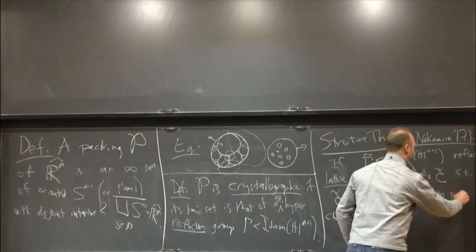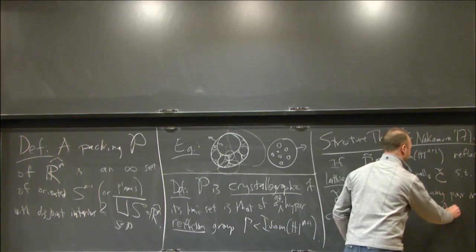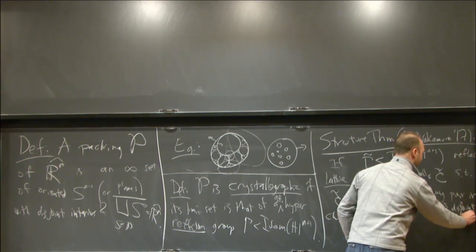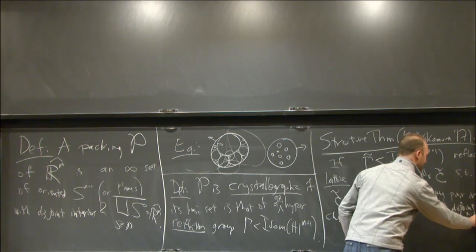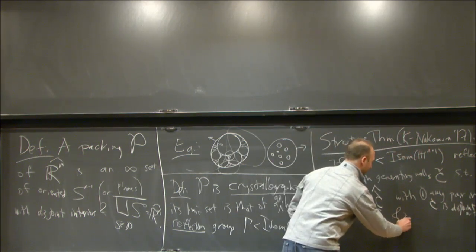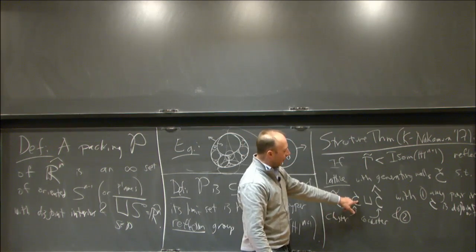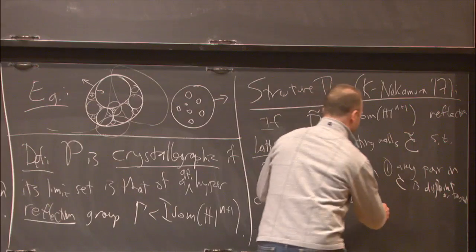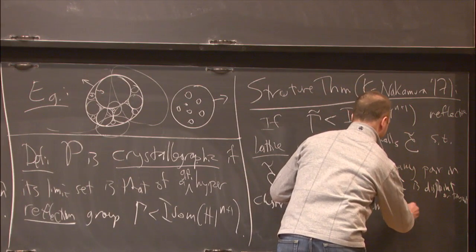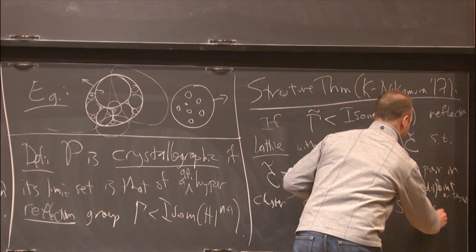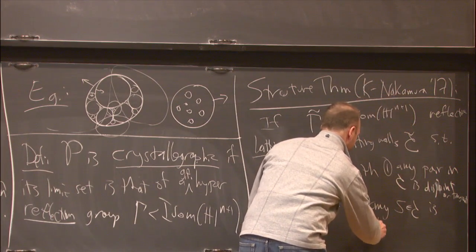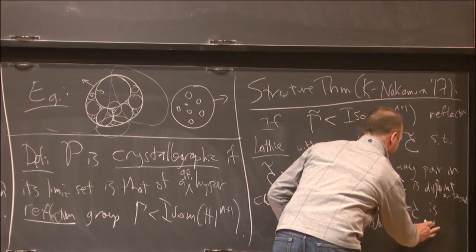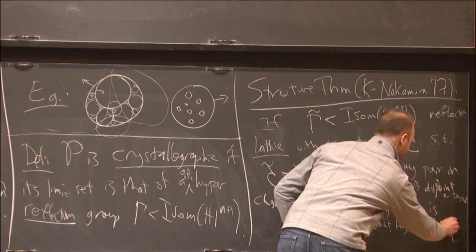Any pair in C is disjoint or tangent, and any sphere in the cluster is either disjoint, tangent, or orthogonal to any sphere in the co-cluster.